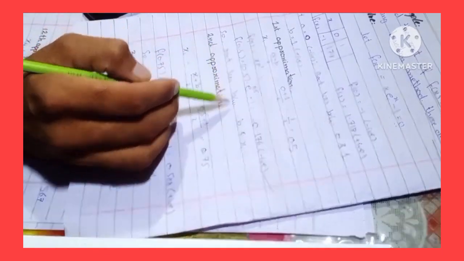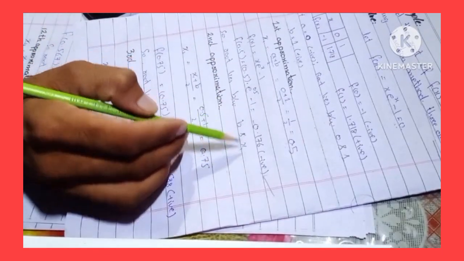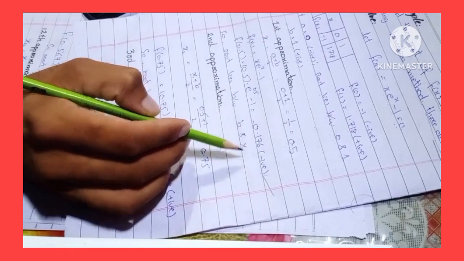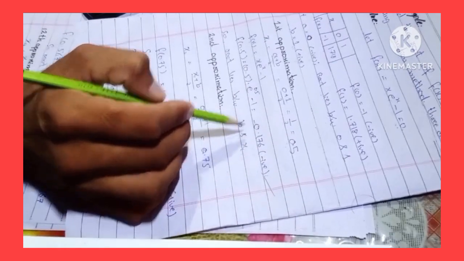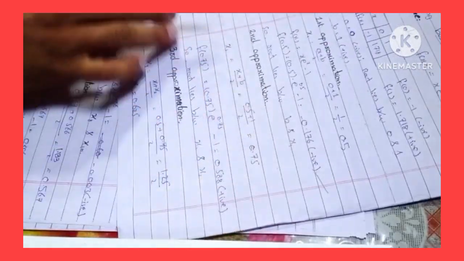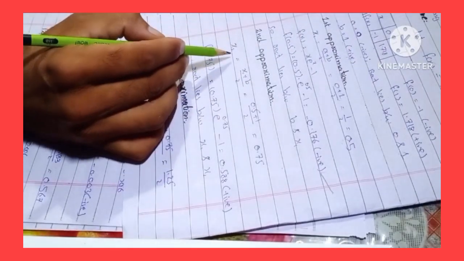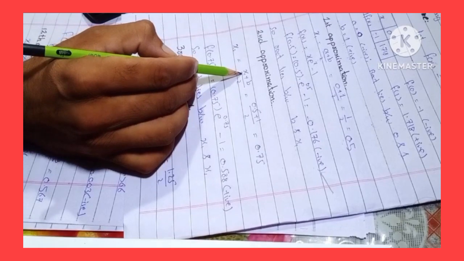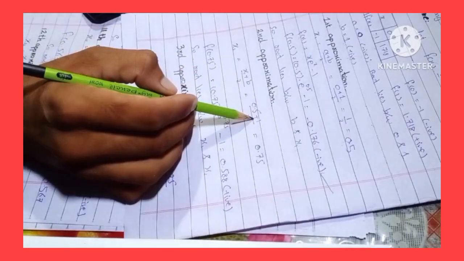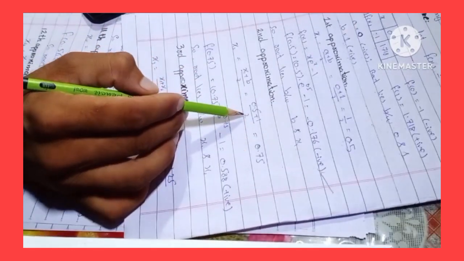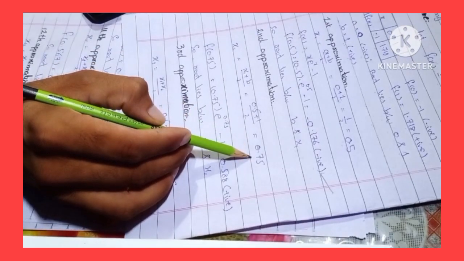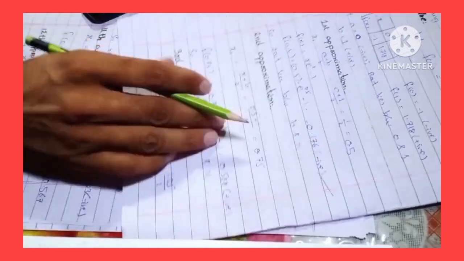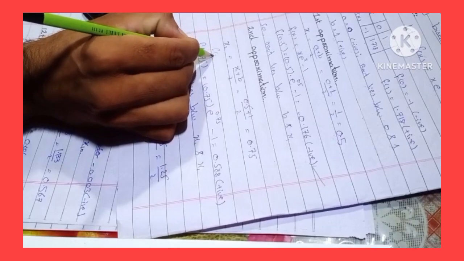So the root lies between x1 and b, because x1 is negative and b is positive. The second approximation is x2 = (x1 + b) / 2. Putting the value of x1 as 0.5 and b as 1 and dividing by 2, the answer is 0.75.